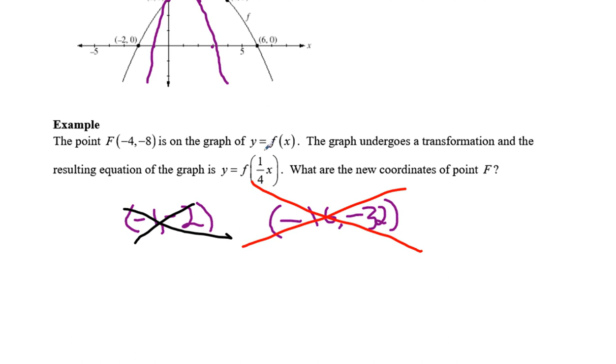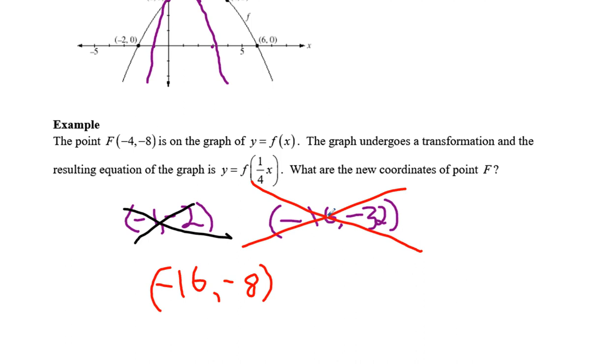Now, yes, this is 1/4, which means the horizontal stretch is actually by a factor of 4. But it only influences x. -4 becomes -16. What happens to the -8? Nothing, because a horizontal stretch does nothing to the y value.